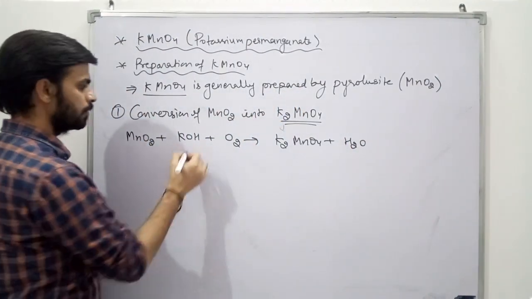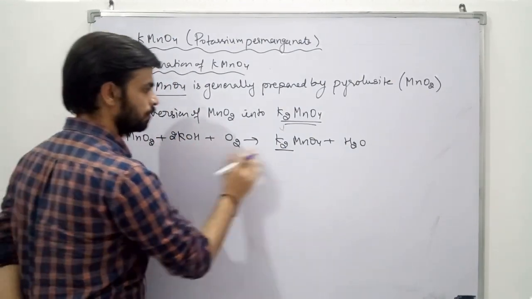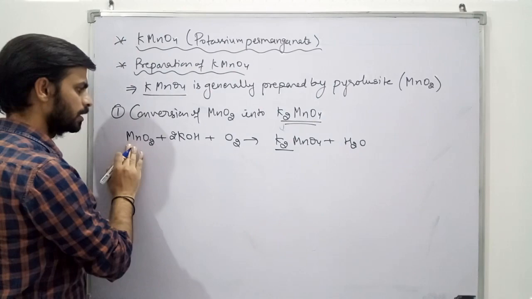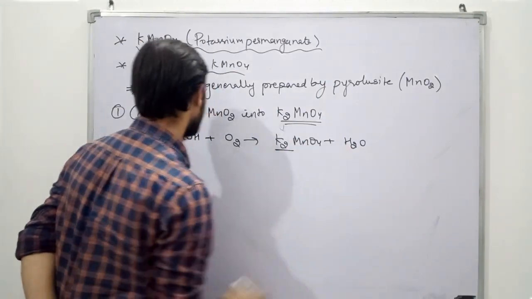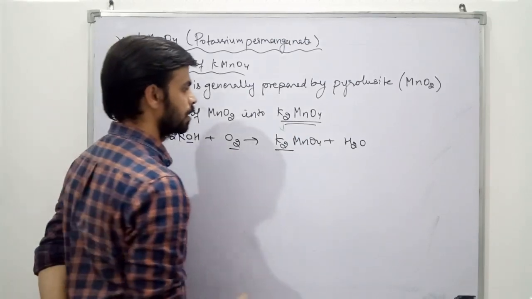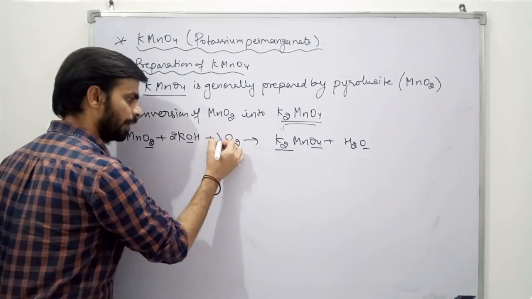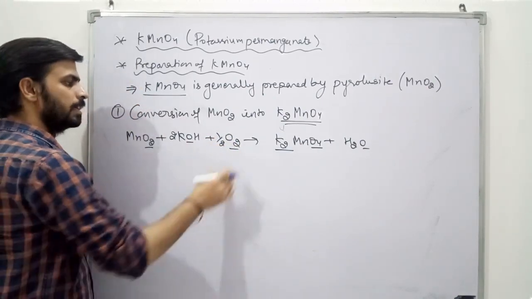Now we have 2 potassium, so multiply this by 2. Now manganese is 1, hydrogen is 2. Now 2 plus 2, 4, plus 2, 6 oxygen. But in this case we have 4 plus 1, 5 oxygen. So if I put half here, that means 1 oxygen.